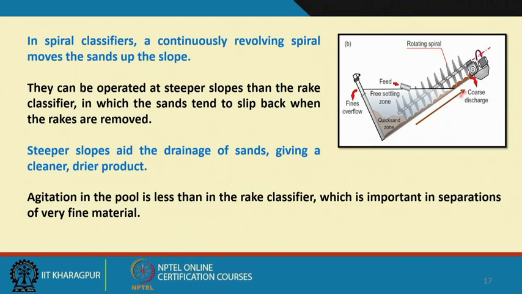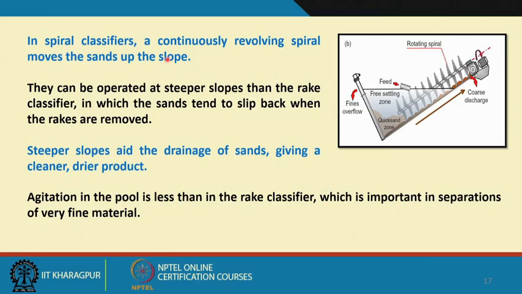But the benefit is the drainage of water: the coarse particles have much lesser moisture than the coarse particles discharged through the rake classifiers, and that is why it is becoming more popular as a mechanical classifier.